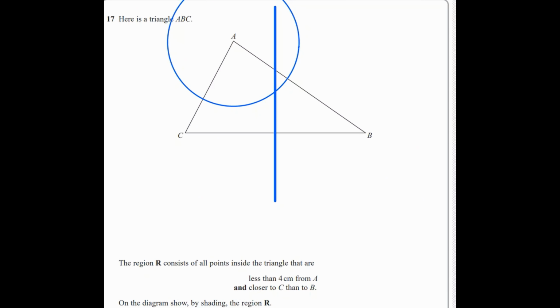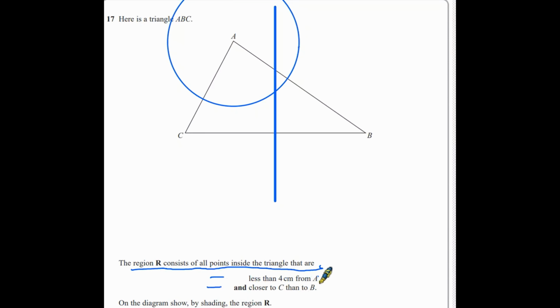Question 17. Right, this is really difficult for me to show you on the screen, but let me explain what I've done. I've already marked this out. Here's a triangle, A, B and C. We are looking at a region, an area within the triangle, which is all the points inside the triangle that satisfy these two conditions here.